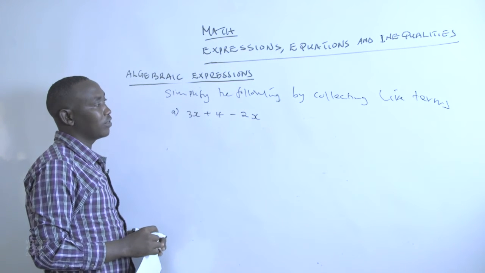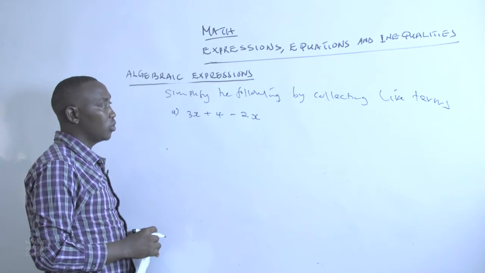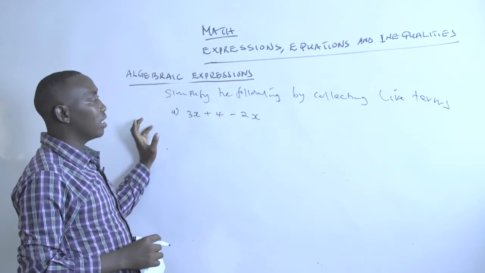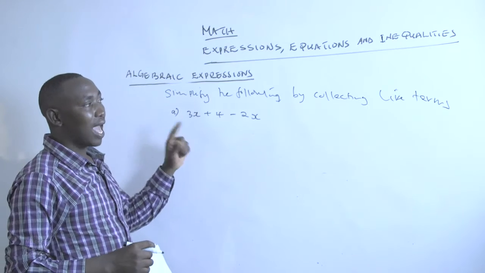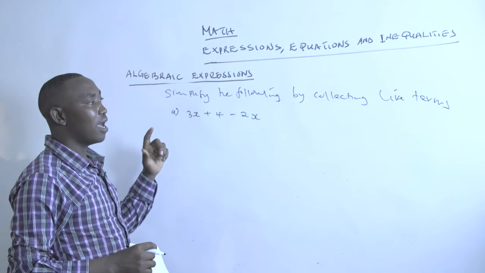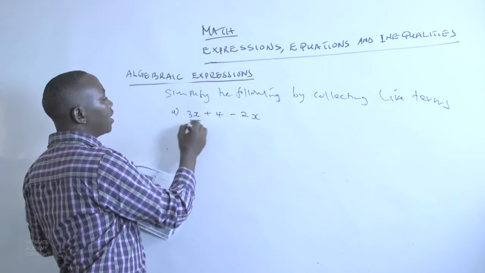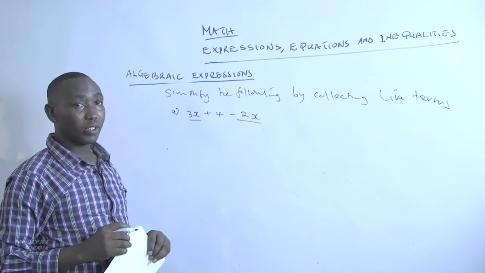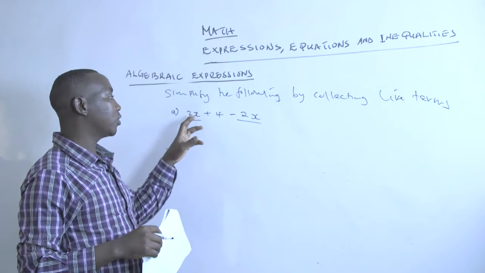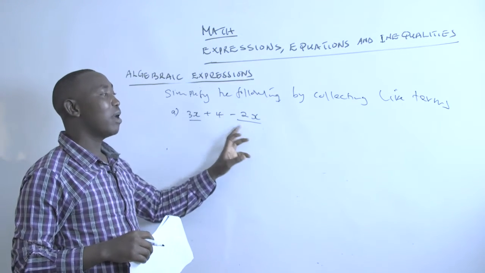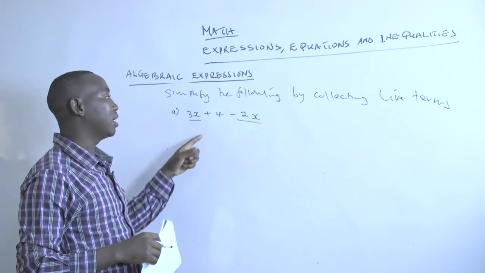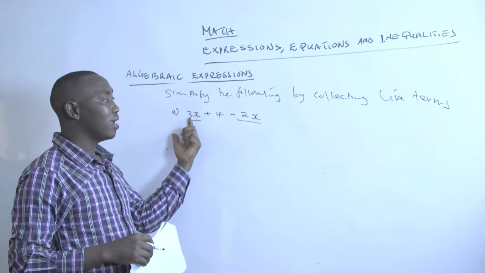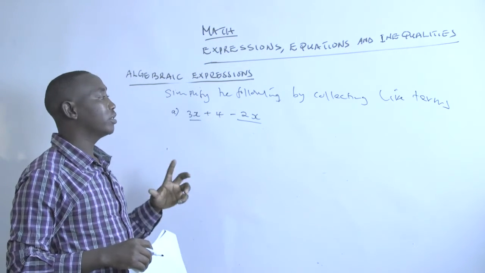Now in this expression, we have terms which are like and terms which are unlike. 3x is like minus 2x because the pronumerals in the first term and the last term have the same powers, raised to 1. And therefore it is possible for us to add the first and the last term because they are like.